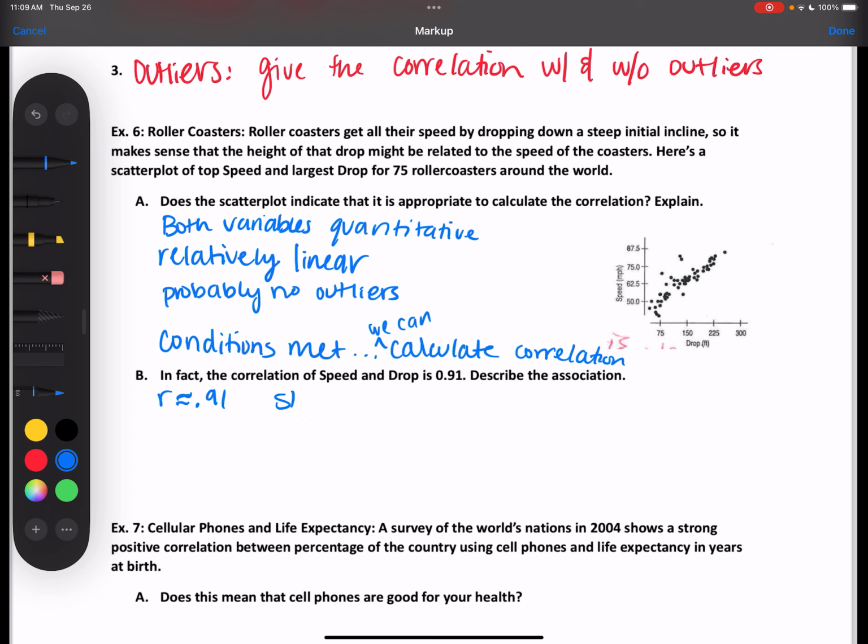Yep, a strong, positive, linear relationship between initial drop and speed of the coaster.